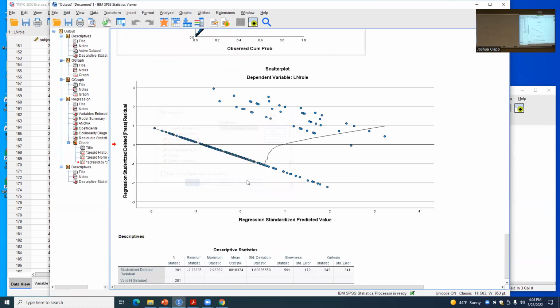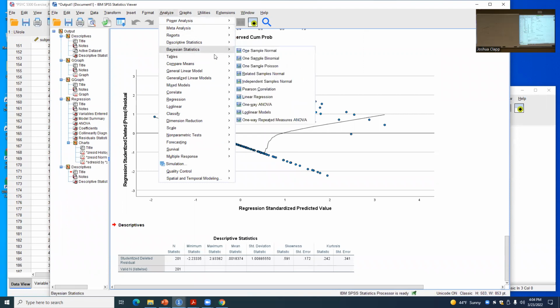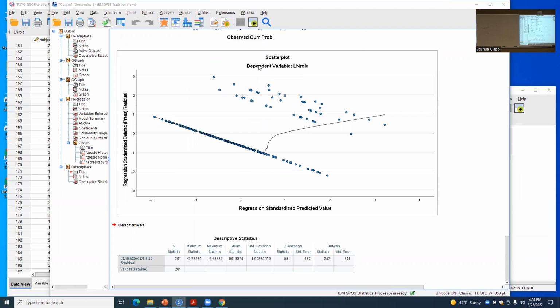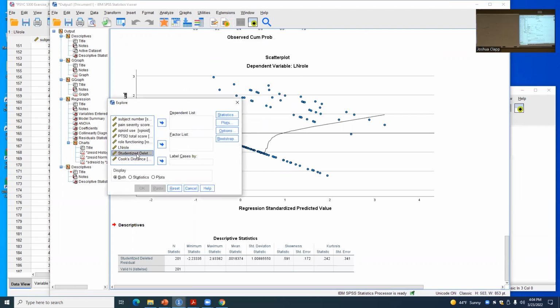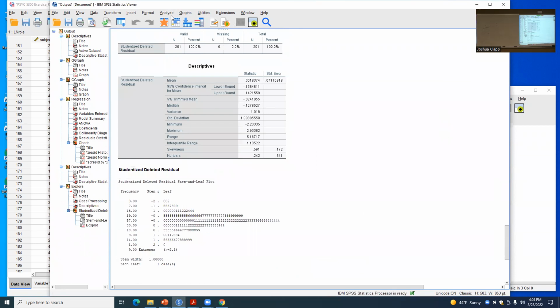Then I'm hitting OK. And then I'm going to go to analyze, descriptives, explore, look at my studentized residuals, drop those in there, label cases by participant number. Okay. Oh, whoops.